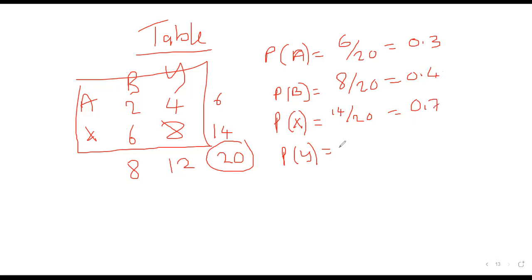And what's the probability of Y? 12 over 20. What are you getting? 12 over 20, 0.6.